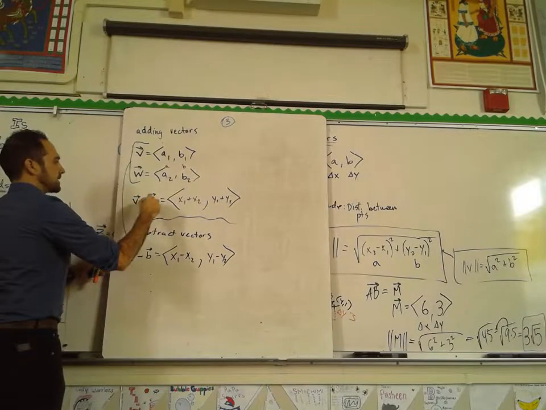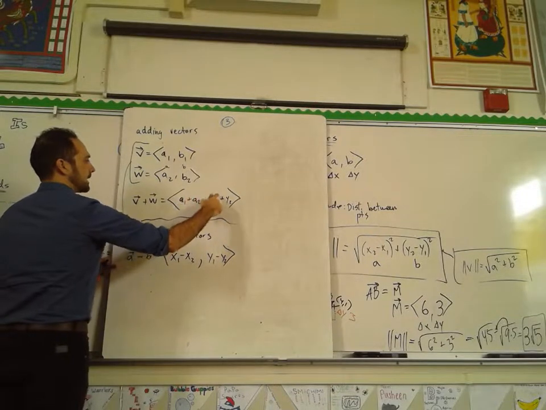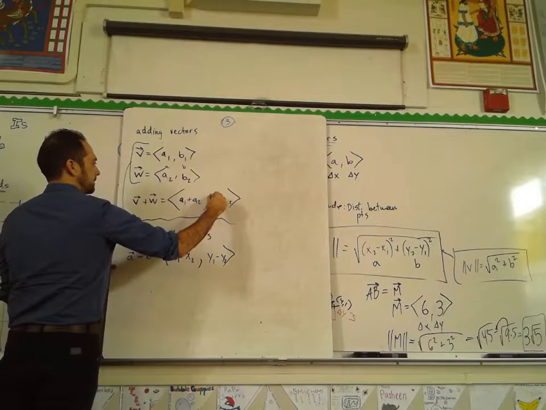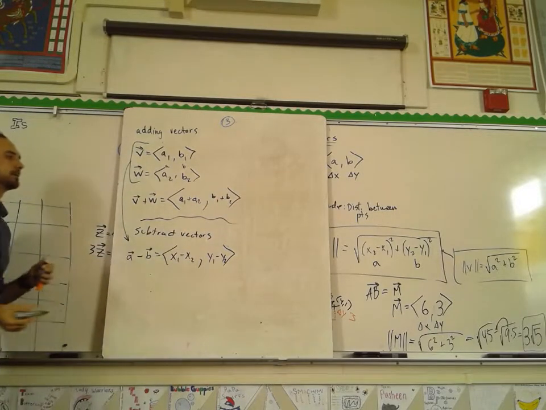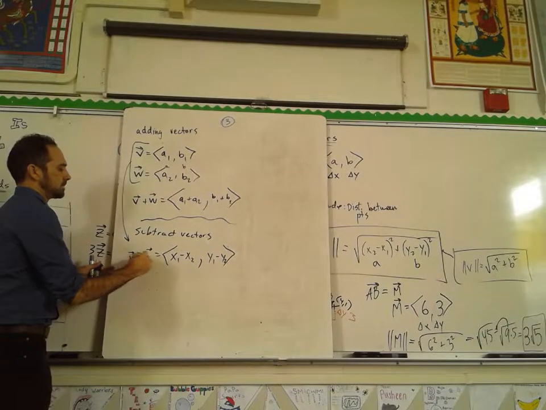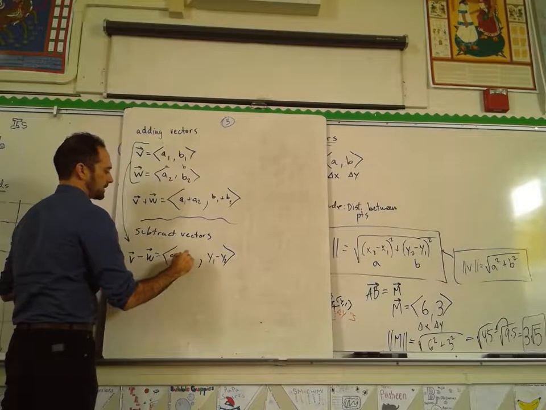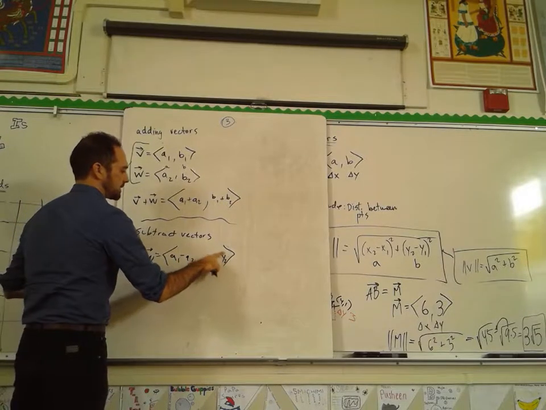I know it's a pain. This can be easier. Add the A's. Add the B's. The same will apply down here. We'll keep the same vectors. We'll just change it. V minus W. All right, so double check. Make sure that you have everything changed that I just changed.